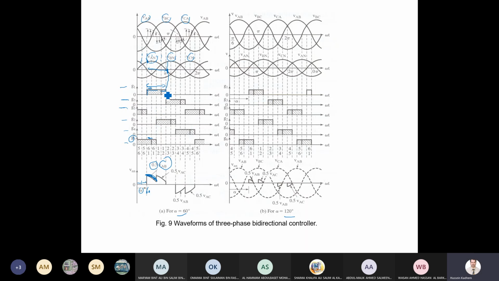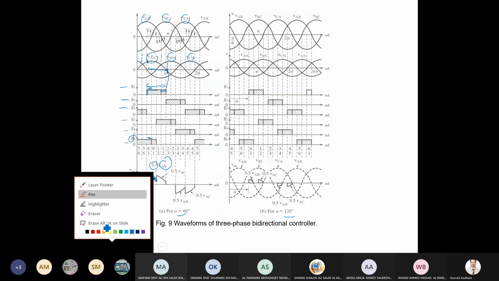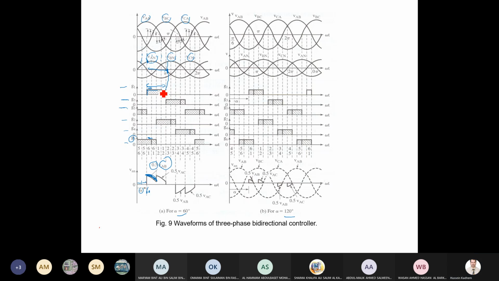Okay, from here, let me change the color. From here to here, the second 60, with 30 plus 30, it will conduct with the thyristor of gate 2. It's connected to which voltage source? To VC. So it will be 0.5 VAC. You see here, this part will be 0.5 VAC. Now here we have 0, and we don't have a positive connection for this one.